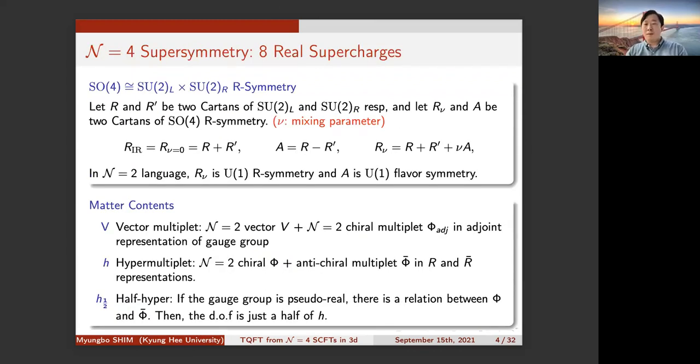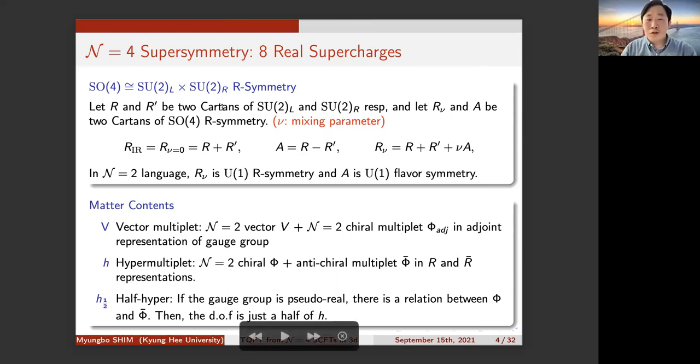Here, let me briefly provide some important facts on N=4 supersymmetry, which has 8 real supercharges. Here, our R-symmetry group is SO(4), which is decomposed into 2 SU(2).